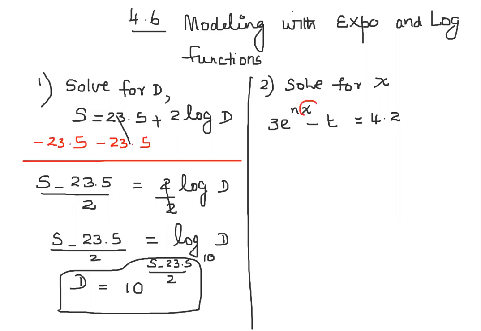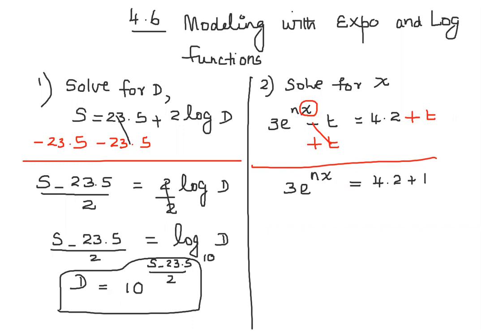That means we have to get the x by itself. So let's first move the t to the other side. Now we have to divide by 3 first.